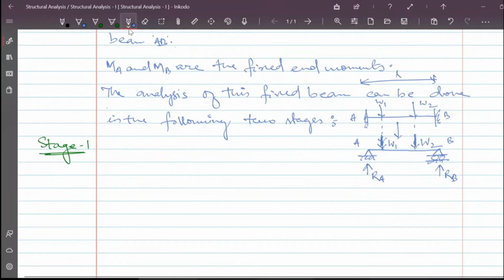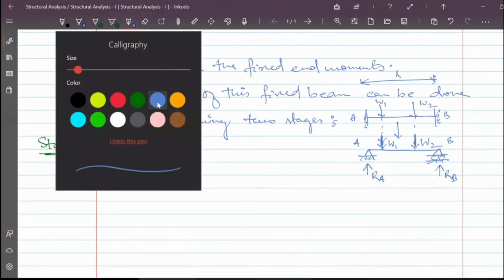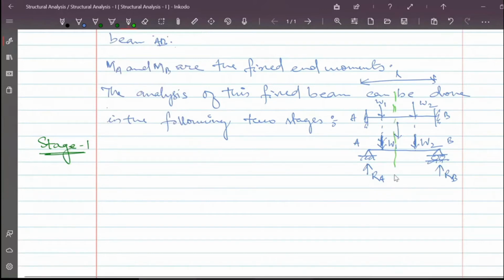And let me take a cross section here. For example, I am taking a section over here. Okay. This is X. So this one, so this is stage 1.